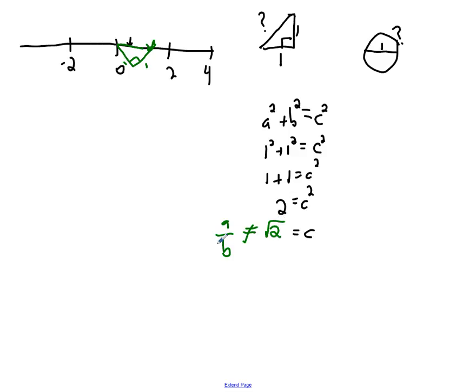And if I go to the nearest millionth or billionth or whatever, however small I want to get, I can get arbitrarily close, but never exactly equal to the square root of 2. That makes it not a rational number. So we say square root of 2 is irrational.